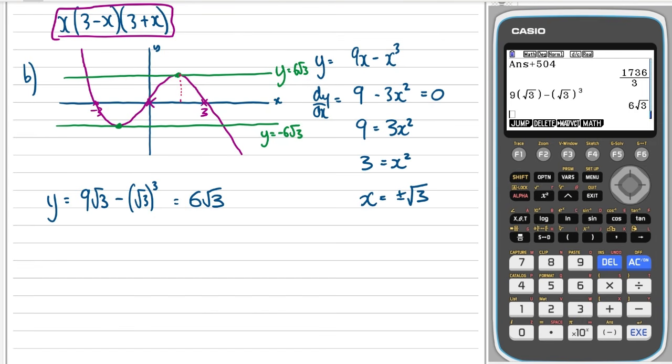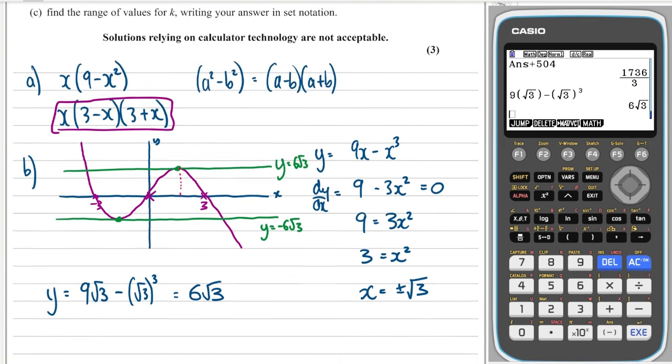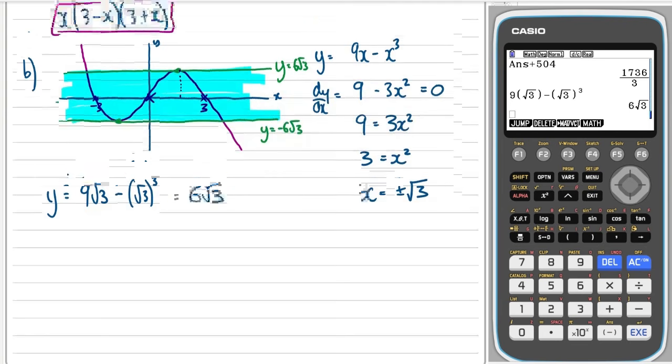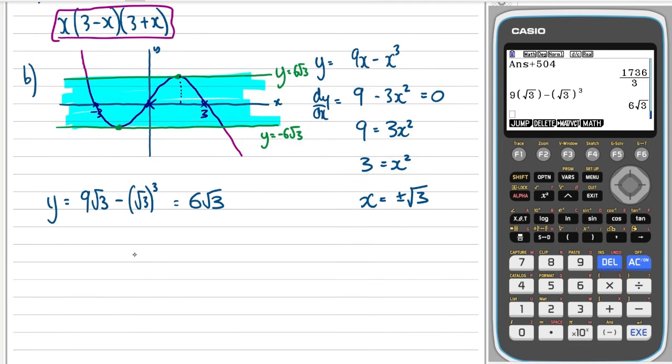So the k value is all of the lines which are in between all of these lines here. So the k value is in between those two values. So we'd write minus 6 root 3 is less than k is less than 6 root 3.